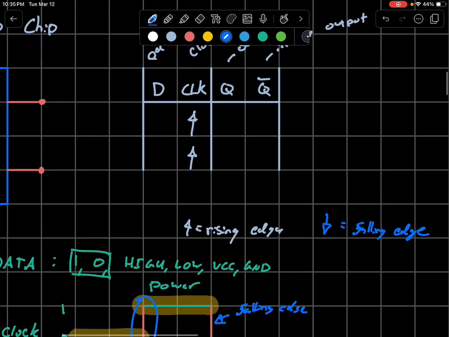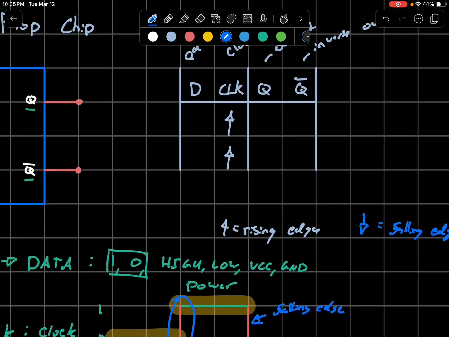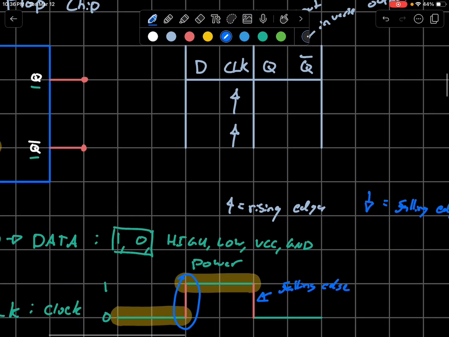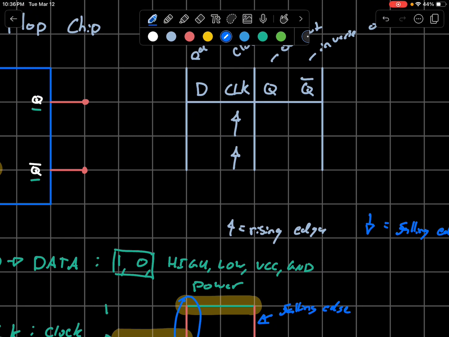So let's continue on with the graph. Now that we know we're only going to be looking at the outputs during the rising edge, we can take a look at the possible values of data. So data, of course, is just binary, so ones and zeros, or zeros and ones. It can only be 0 or 1.